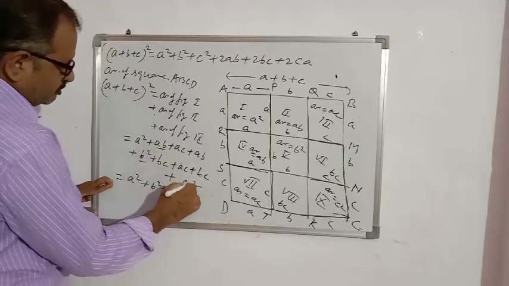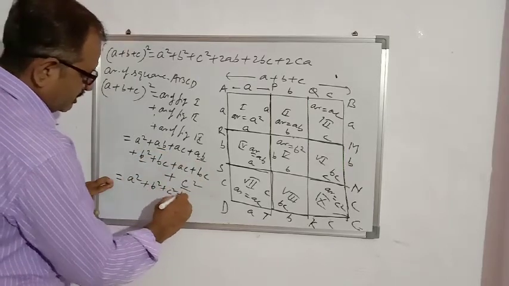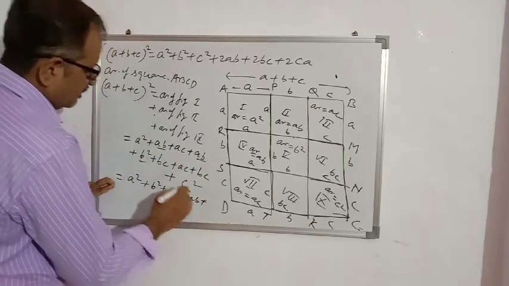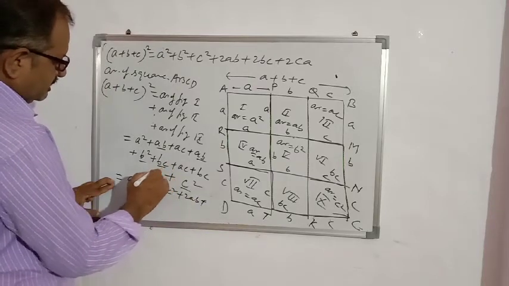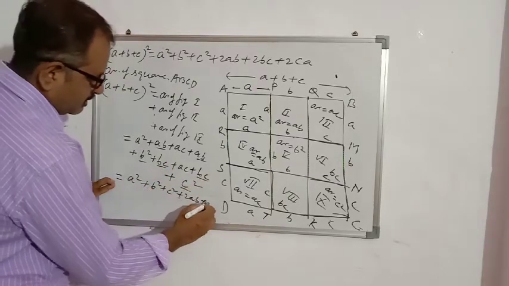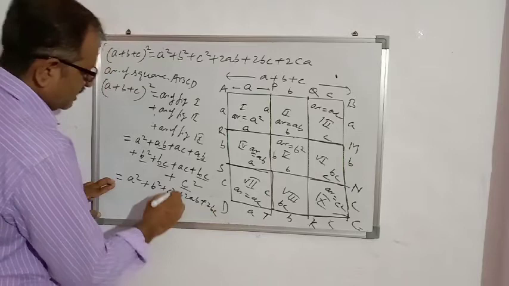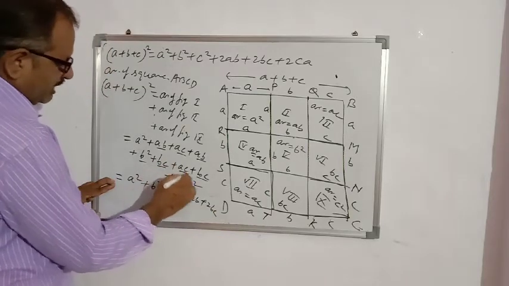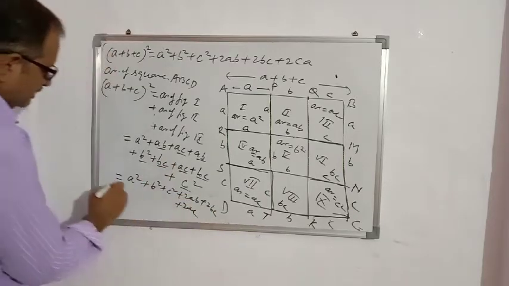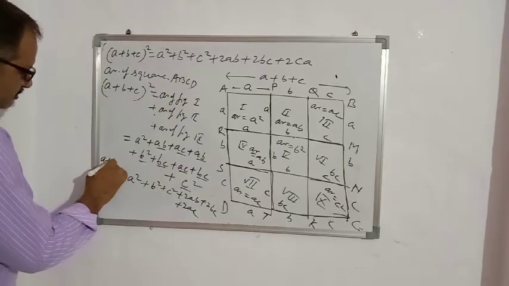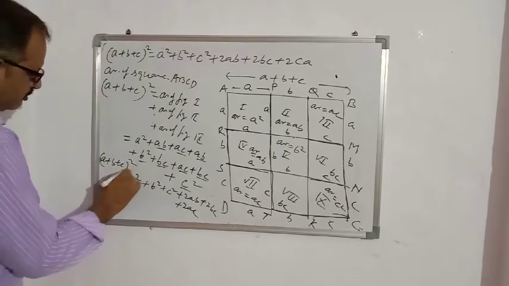AB has come two times, AB plus AB, 2AB, plus BC, BC, 2BC, plus AC has come two times, 2AC. So this is A plus B plus C whole square.